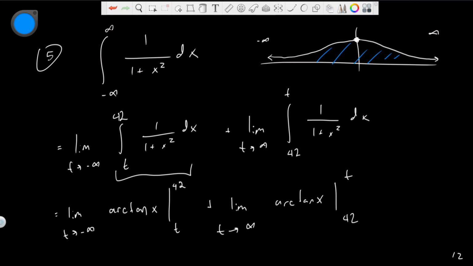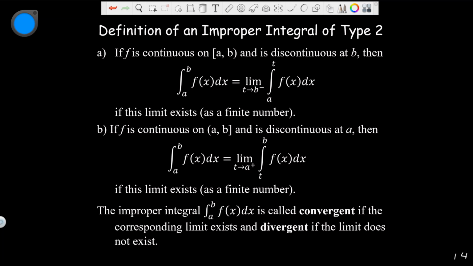All right, it is time for the second type of improper integral. The second type is what we did at the very beginning of this lesson. Here it is, our second definition of improper integrals, type 2. If f is continuous on a inclusive to b non-inclusive, and we are discontinuous at b, then we redefine a to b as the limit as t goes to b from the left-hand side of a to t, f of x dx.